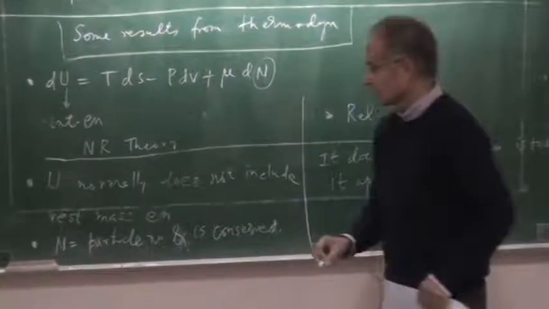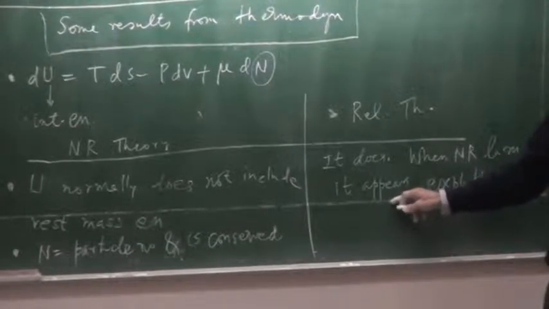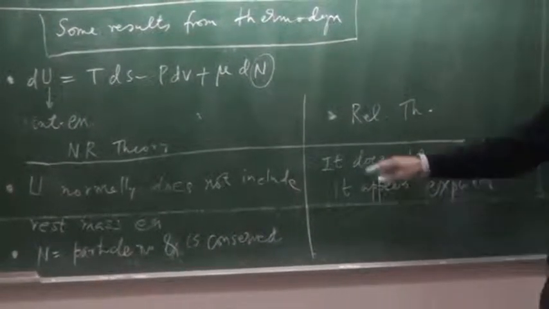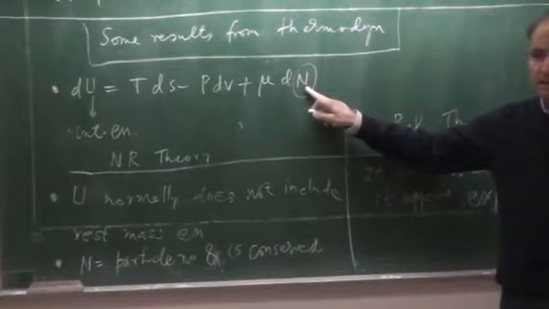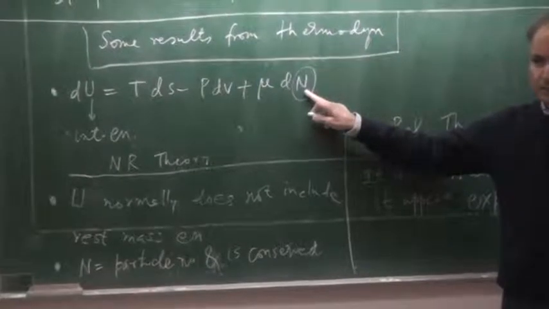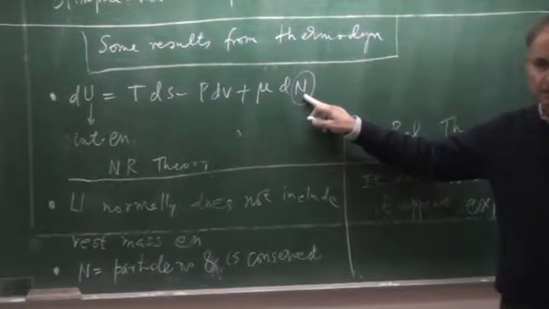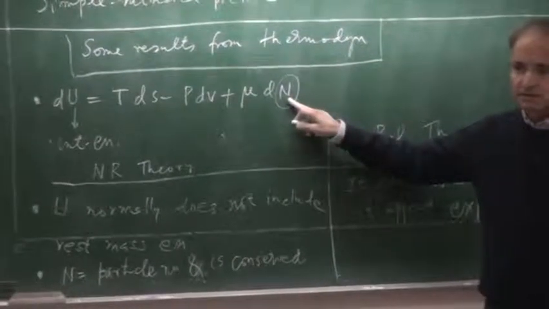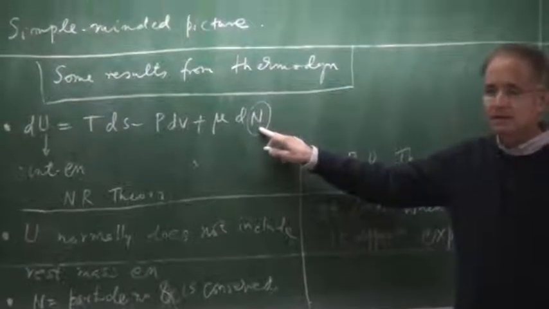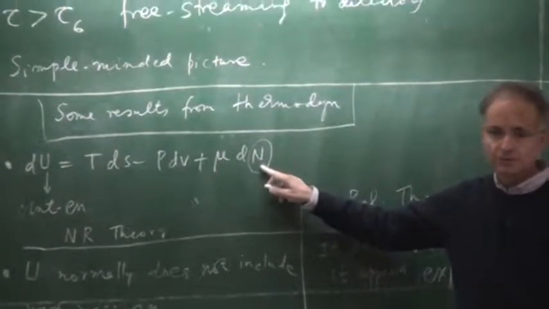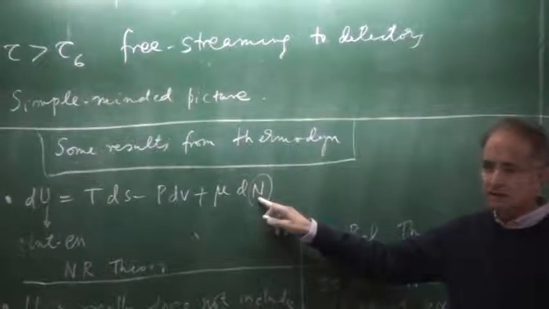In the relativistic theory, numbers are not conserved. You can create particle-antiparticle pairs. So in this case, when you write N, it does not mean particle number, but it could mean baryon number, which is conserved, or charge number, which is conserved, or in the case of strong interactions, strangeness, which is also conserved. So N is not a number in the relativistic case, but a conserved quantum number.